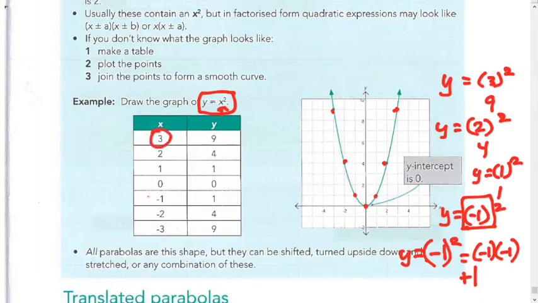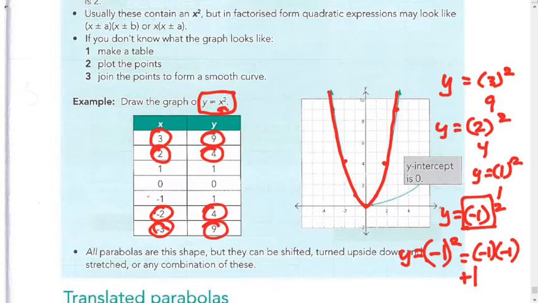So if it's +3, you get 9, and if it's -3, you get 9. If it's +2, you get 4, and if it's -2, you get 4. So this side of the parabola is a mirror image of that side. And this one is called the parent graph.